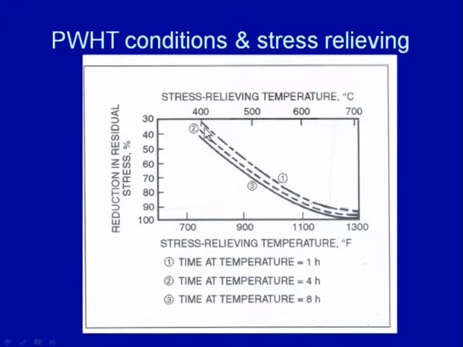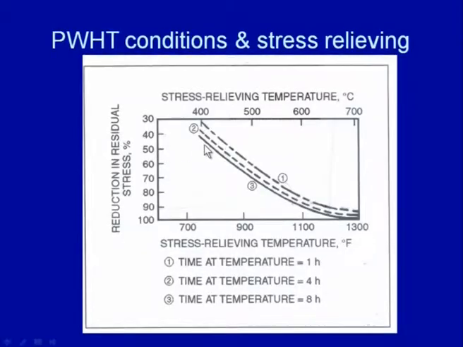So, we can see here if at 400 degree centigrade exposure is being given for 8 hours, then it will be decreasing the residual stress by say 50%, while for 1 hour the extent of reduction is just 30%.